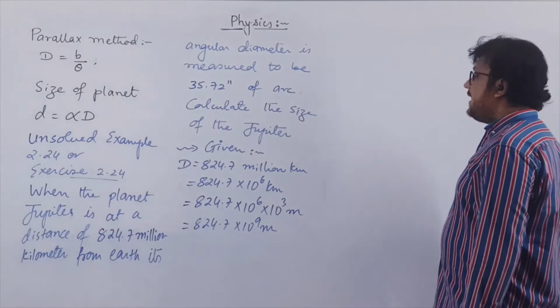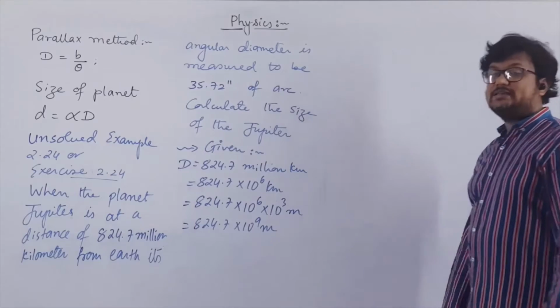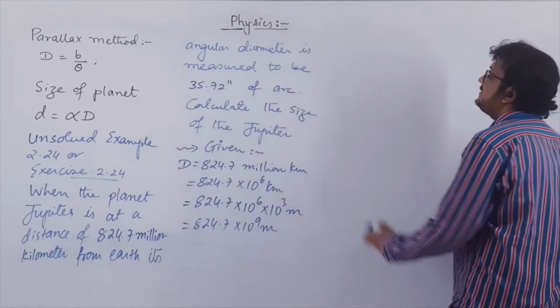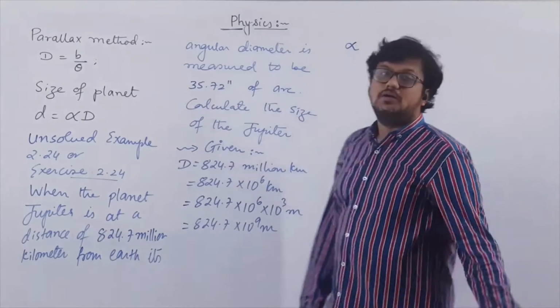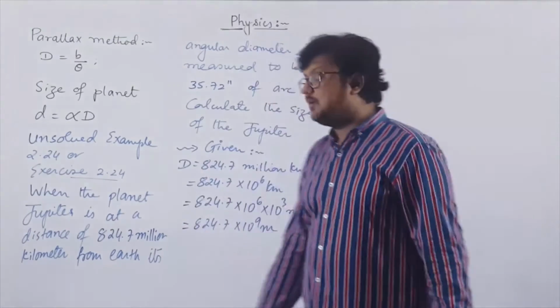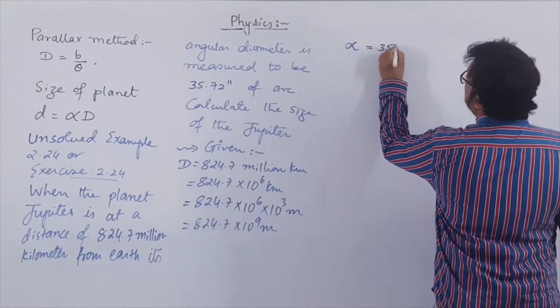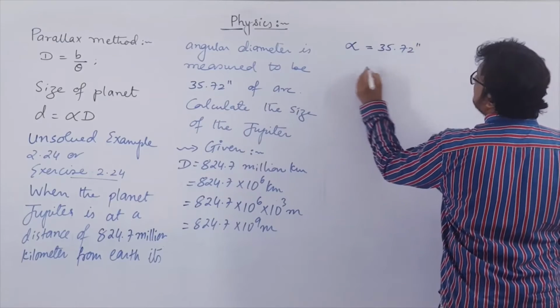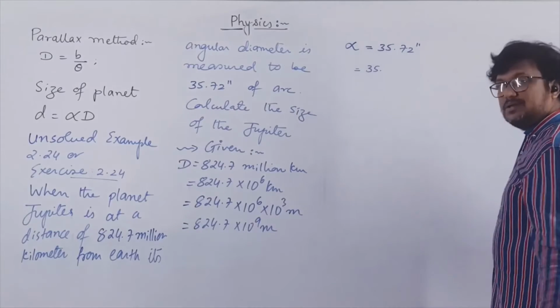Now the angular diameter is measured to be 35.72 seconds. Angular diameter is nothing but the angle subtended by the diameter of Jupiter with Earth. So alpha here is 35.72 seconds, but we want it in radian, since angle for us should always be in radian.